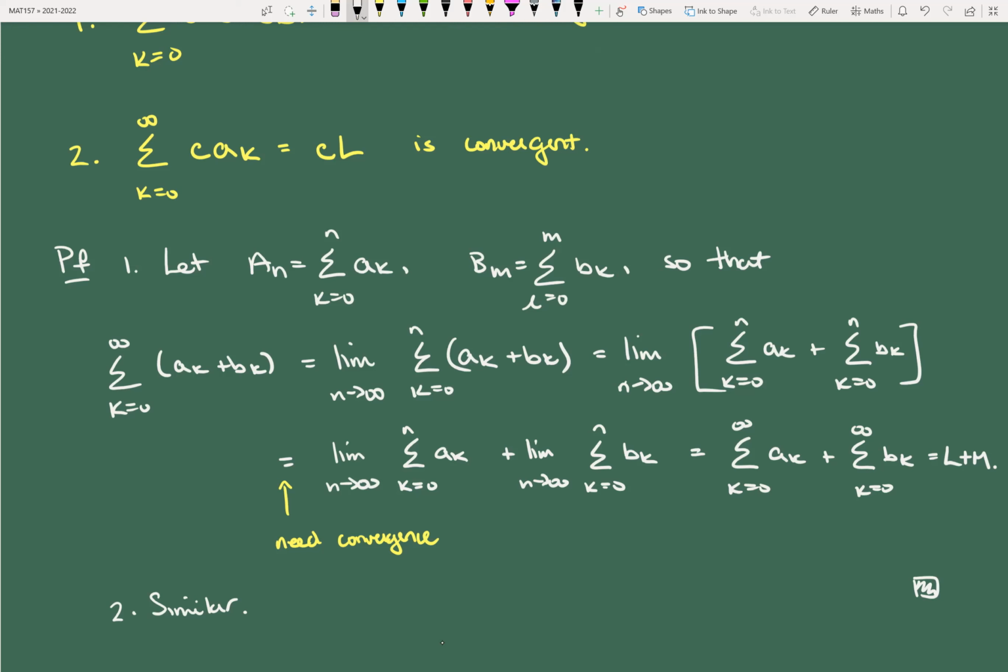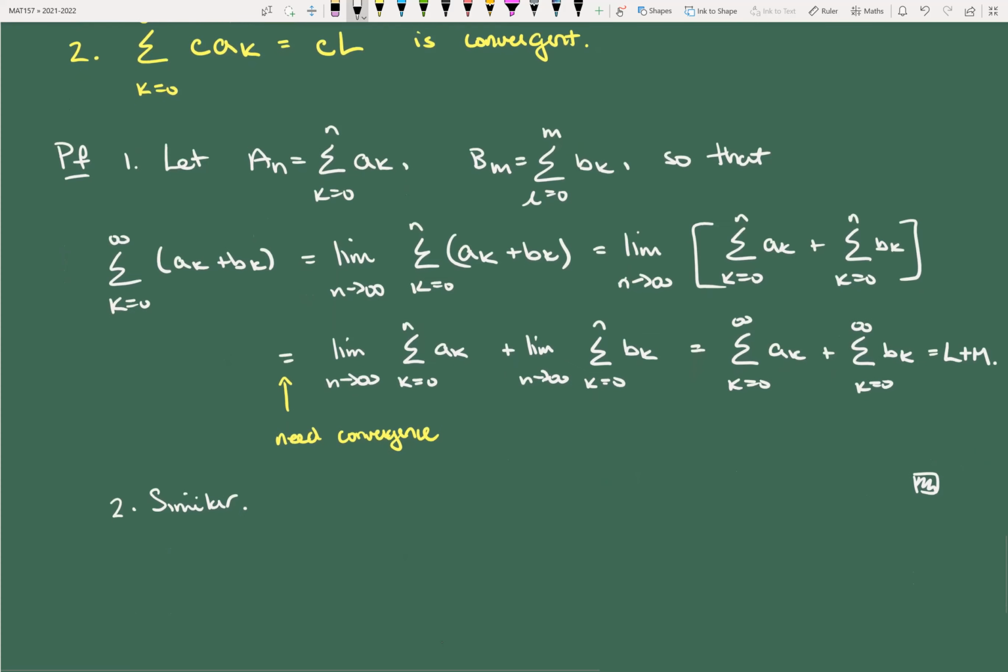The collection of sequences which converge to 0 is also a vector space. These are all subspaces of another. So all sequences is a vector space, sequences which converge are a subspace, and sequences which converge to 0 are a subspace of that. These are all examples of infinite dimensional vector spaces. And then the same sort of thing for convergent series, because convergent series are just special examples of convergent sequences. So there's actually a lot of vector space stuff going on here.